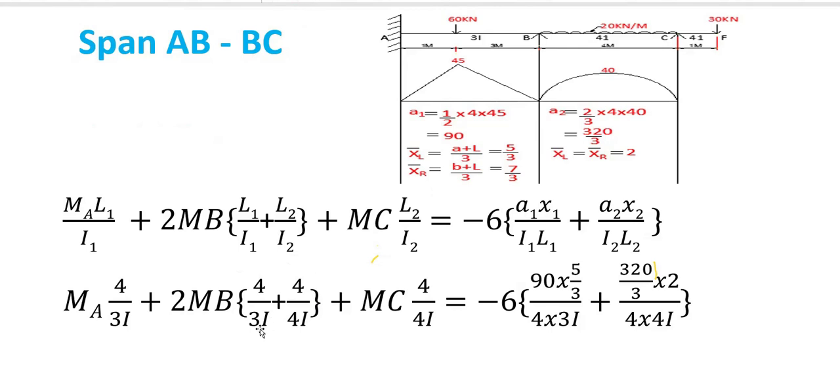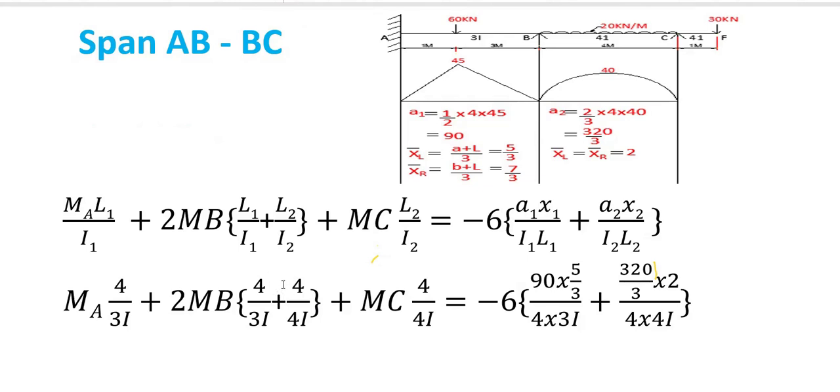Let me repeat. Cross multiply here, if you add these two, LCM is 12I. So it will be 16 plus 12, that is 28, so 28 over 12I. These two go by 2, 1 by 2, 6I. 28 over 6I, then again by 2, 3 by 2, 14.